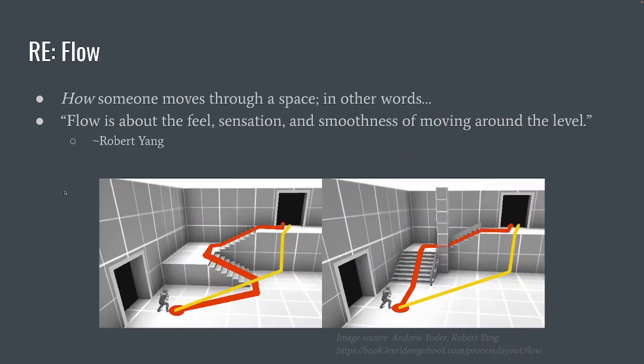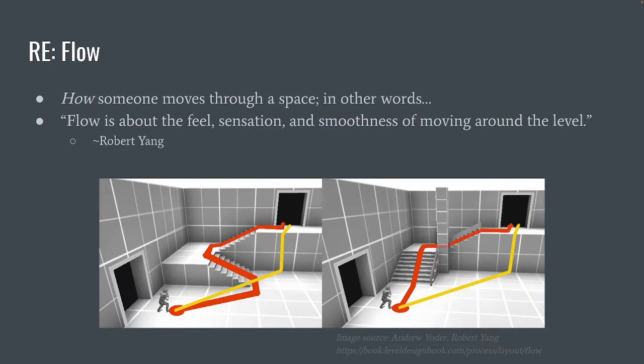So when it comes to actually building your spaces and organizing them in a thought-out manner, it's important to think about how you want the player to move through this space, and just making that as easy as possible. In this image that I have linked below, you'll notice in each image there are two lines. You've got the red line and the yellow line. The yellow line is the player's desired destination.